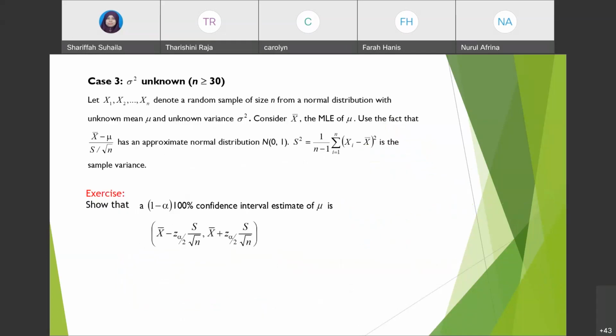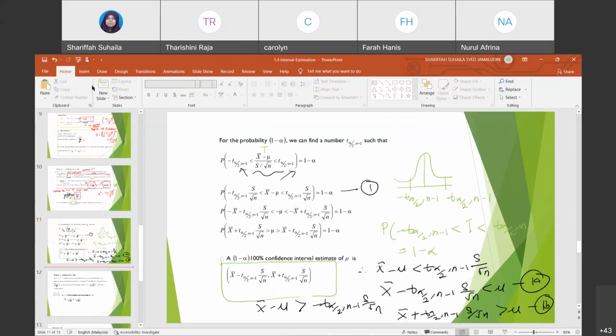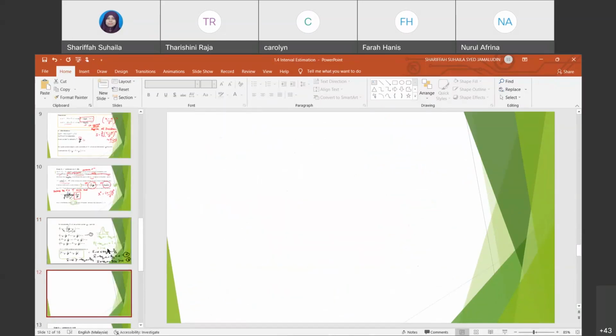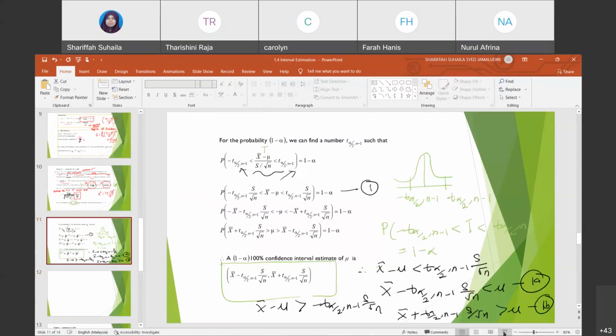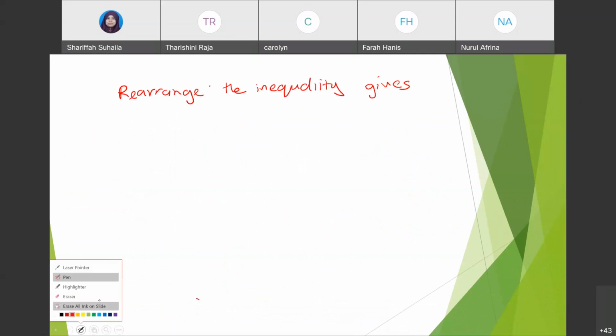Okay, rearrange the inequality. We'll give you this one.